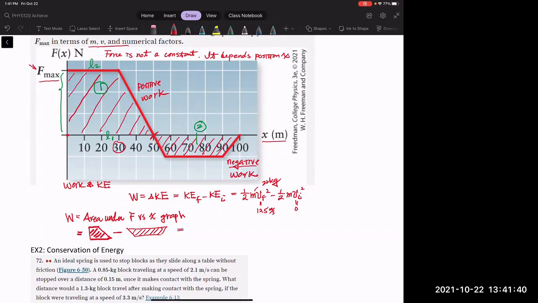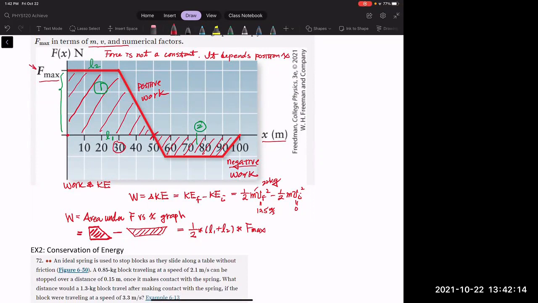So how do we get the first one? The formula is this. You have 1/2 times the long base and the short base, L1 plus L2, and then you multiply by the height of this one. The height of that one is actually F max. Okay, now do we know L1 and L2?